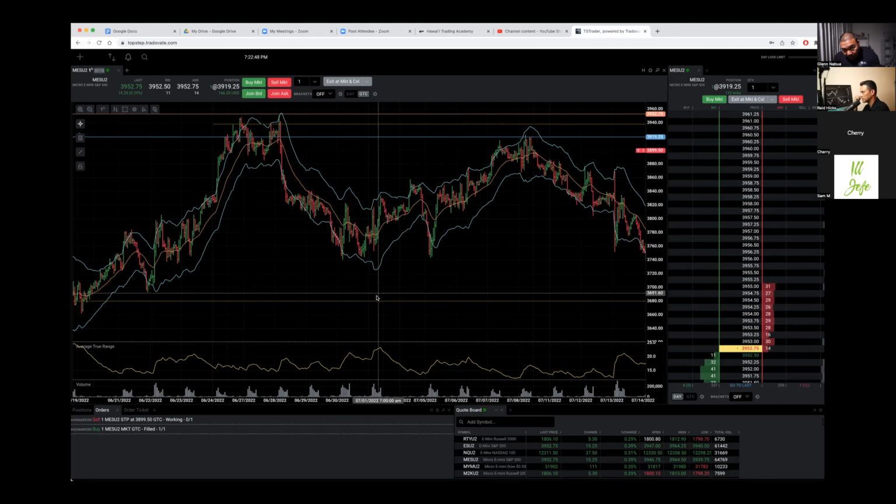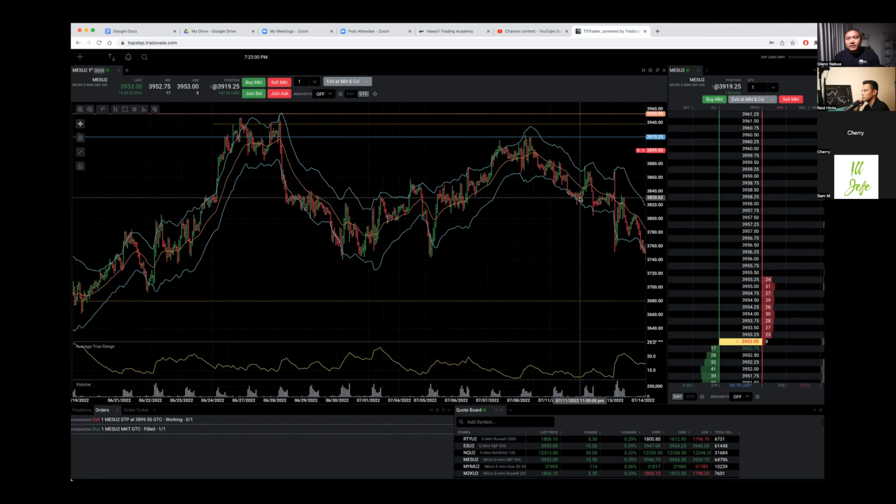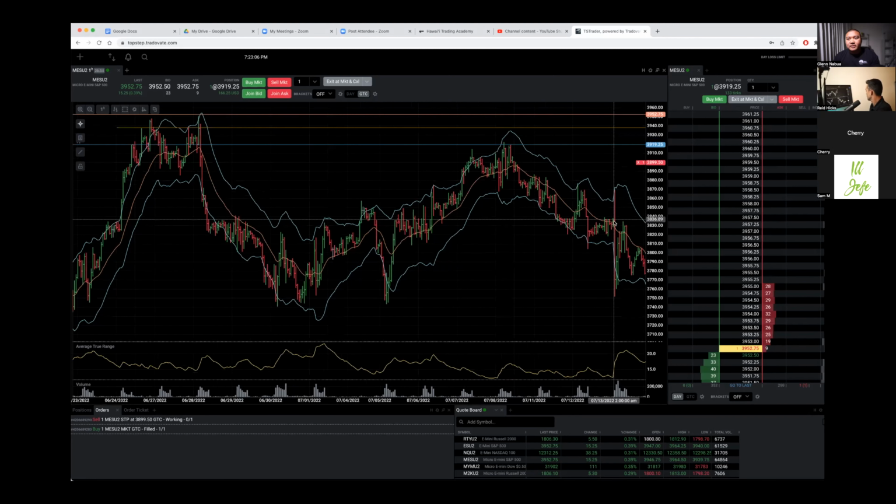Price bounced back, moved this way, tried to touch that previous range again, and so I went short last week, and then I got wicked out of this one, this nice long wick, because it's a big candle. So for this one, 38.60, 100 points right here.